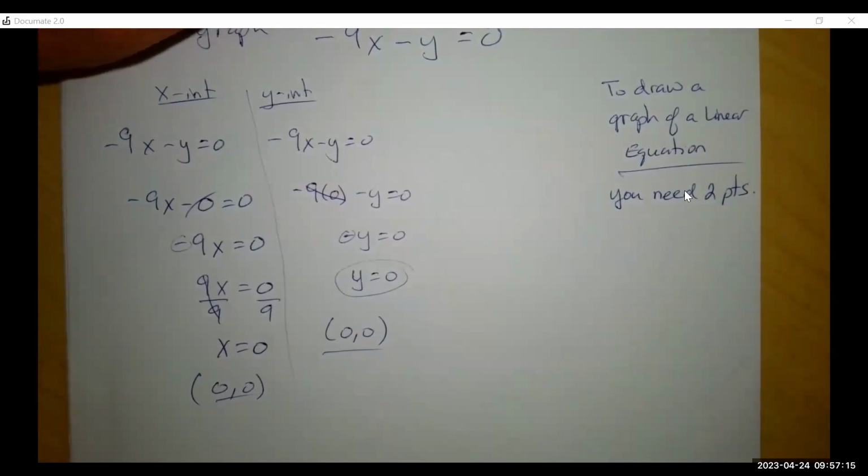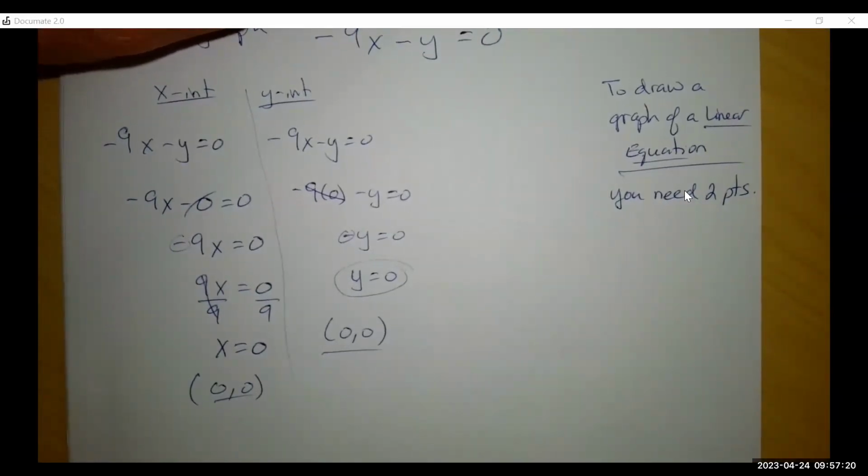You need 2 points. Because a linear equation is a straight line. In order to draw a graph of a linear equation, you need to know 2 points.